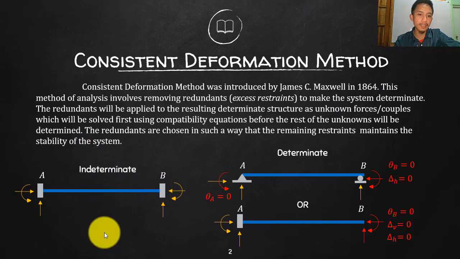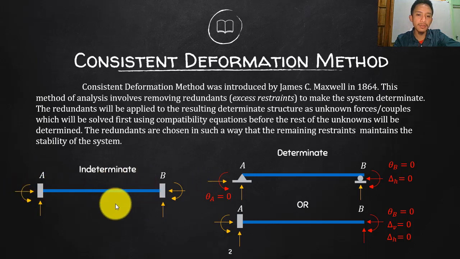Okay, so the degree here is third degree, indeterminate to the third degree. So there are three redundants. Therefore, we need to create three equations. If ever you are solving this one, you need to create three compatibility equations to solve the three redundants, and then apply them back as forces in your system. Okay, so let's say I will choose three redundants.